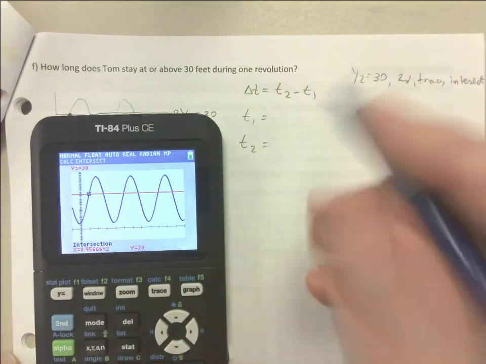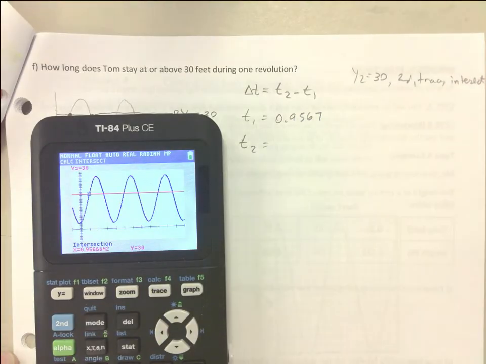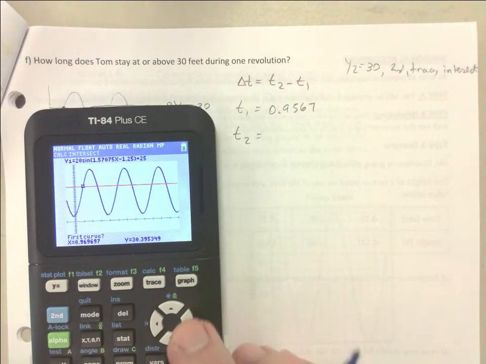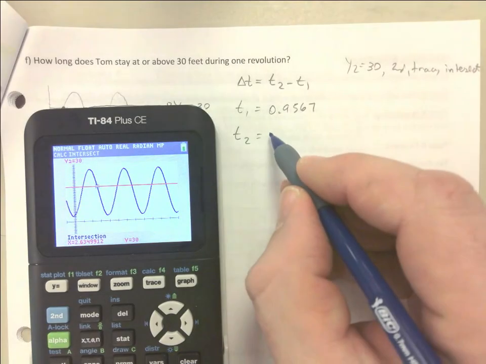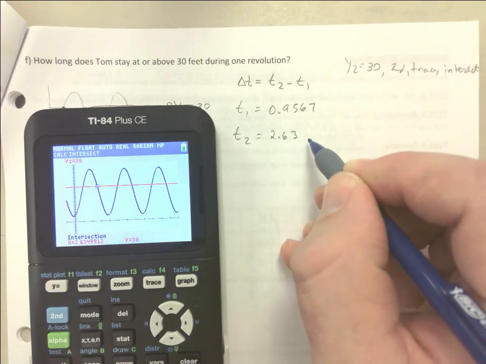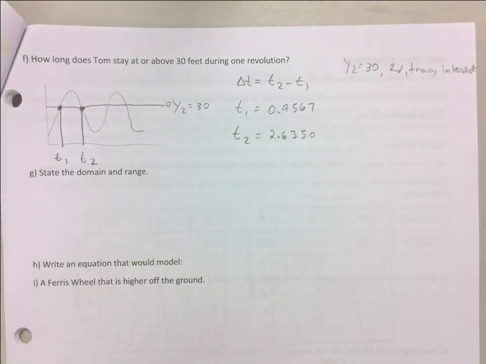And write down 4 decimal places. 0.9567. There we go. That's the number you were looking for. Another one. Second trace 5. And that one is 2.63499. So it actually turns out to be that.